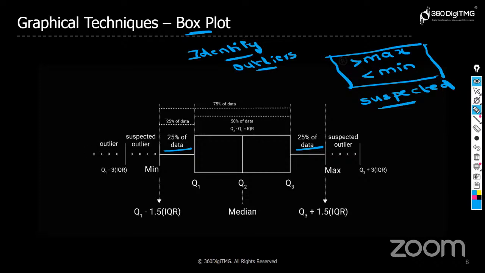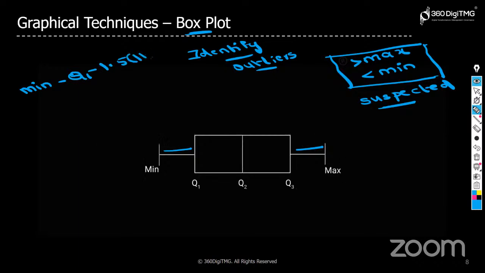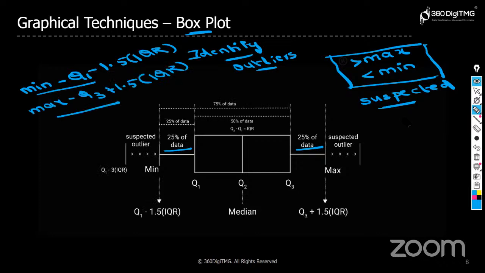In a box plot, the formula for the minimum whisker is Q1 minus 1.5 into IQR, and the maximum is Q3 plus 1.5 into IQR. IQR, the interquartile range, is Q3 minus Q1, which you already know. So values greater than the maximum or less than the minimum are treated as suspected outliers.